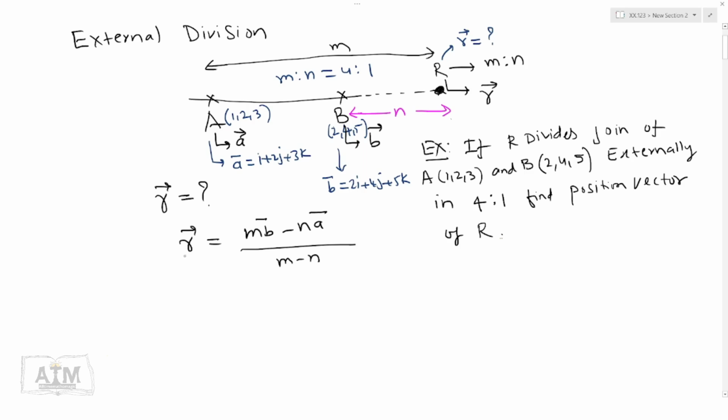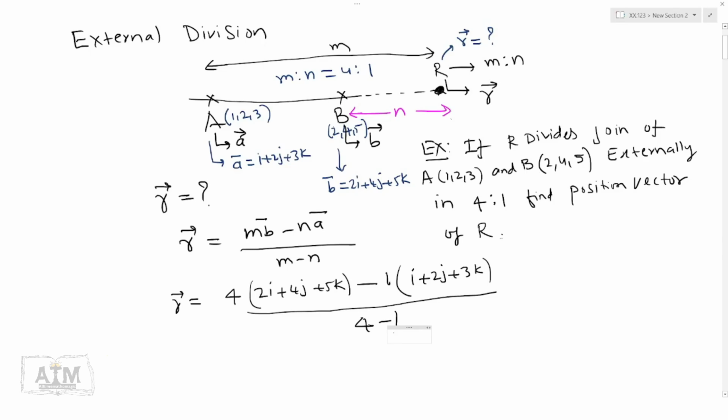Now we apply the formula. Vector r equals (mB minus nA) upon (m minus n). So we get vector r equals (4 into (2i plus 4j plus 5k) minus 1 into (i plus 2j plus 3k)) upon (4 minus 1).